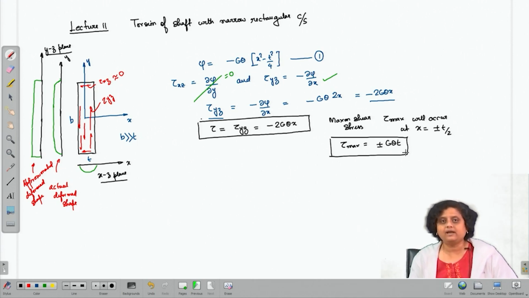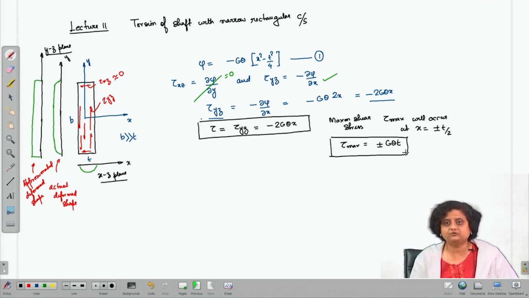The other way is by using the corollary of the membrane analogy. From the second corollary of the membrane analogy, we have seen that the maximum shear stress is going to happen at the point which has the maximum slope.